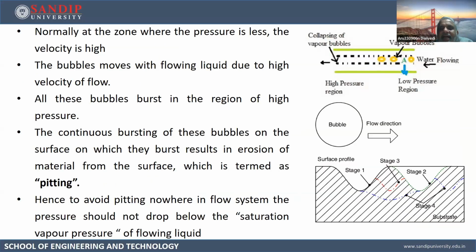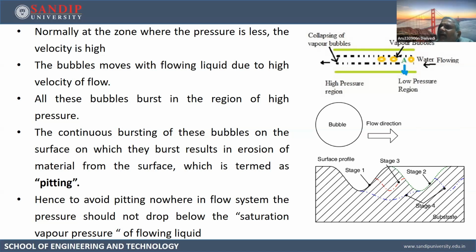Thereafter, we have this topic which is known as pitting. Pitting means erosion of material from the surface where the fluid is flowing, and the pressure inside the conduit is well below the vapor pressure. So if the pressure inside the conduit is below the vapor pressure, what happens? All the gases and air dissolved in the liquid liberate out in the form of bubbles of air.